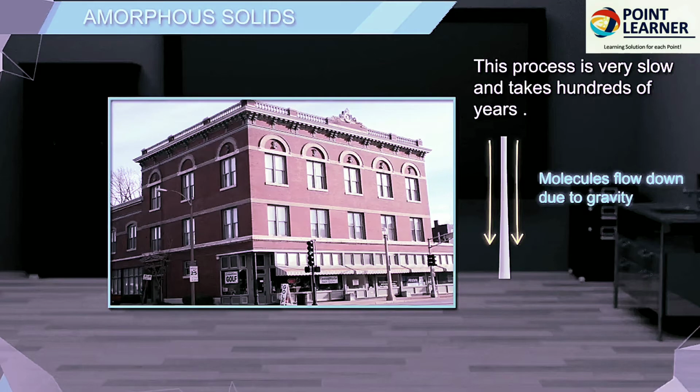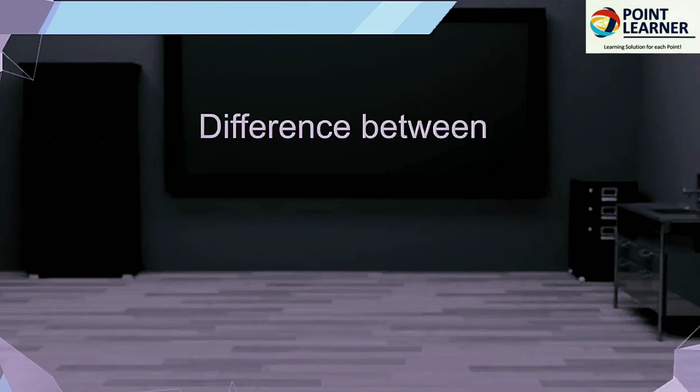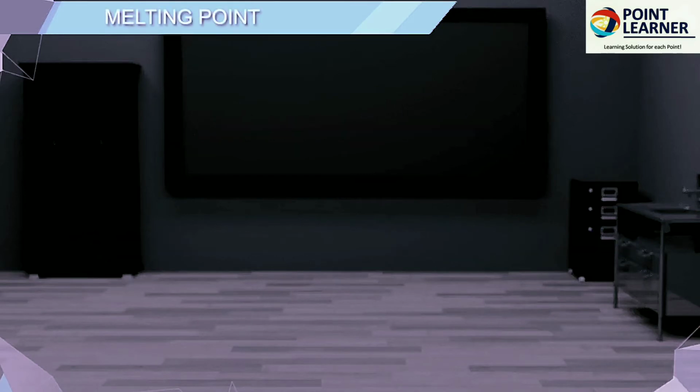Please note that this process is very slow and takes hundreds of years. Due to this ability of amorphous solids to flow like liquids, amorphous solids are also called supercooled liquids or pseudosolids. Let's differentiate between crystalline and amorphous solids.